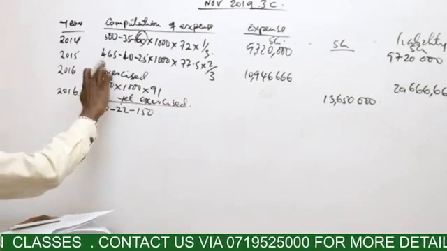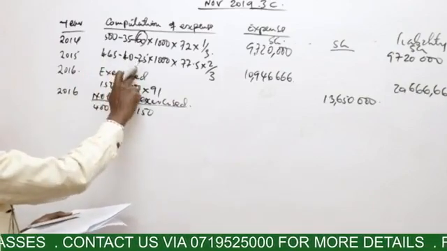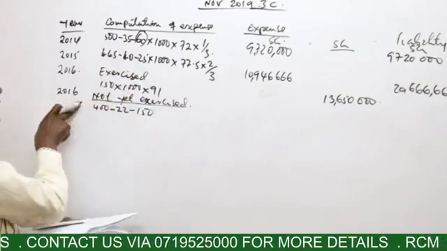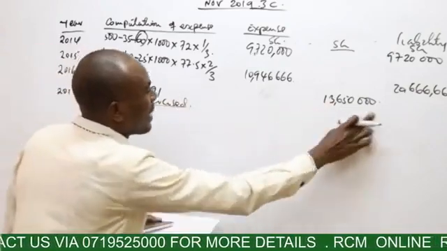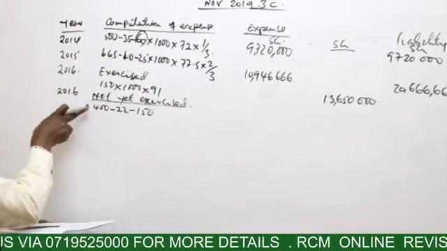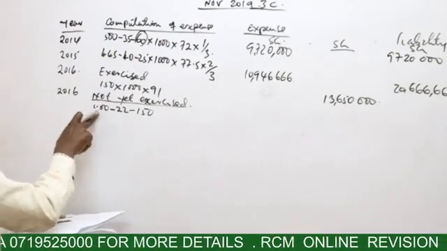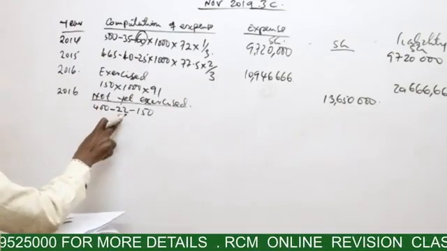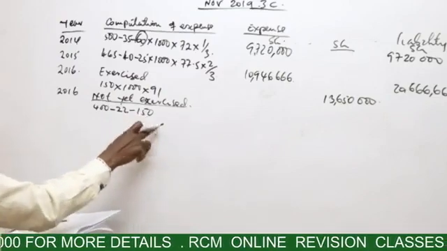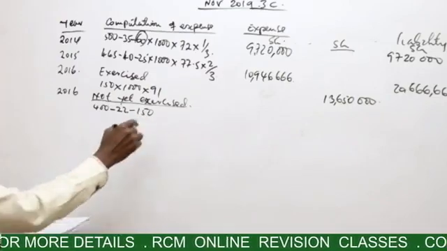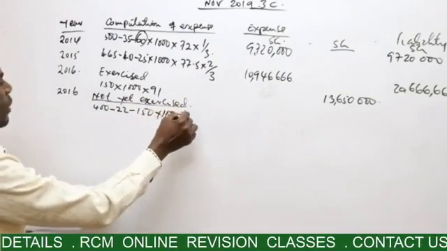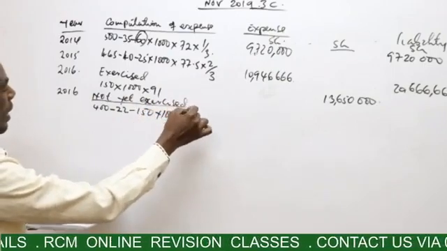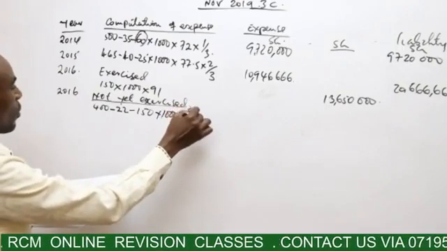Here, in year 2015, we remained with 400. Now, when we come to 2016, 150 exercised. We have their expense for the exercise. Then, those who did not exercise, we have 400 minus 22 who left, then minus 150 who exercised. Then we multiply by our options, then by our fair value, which is 91.